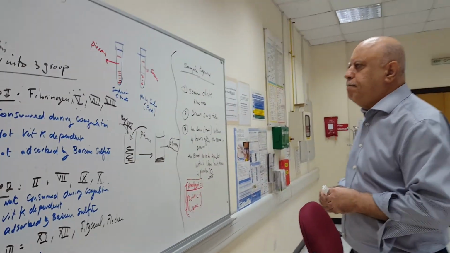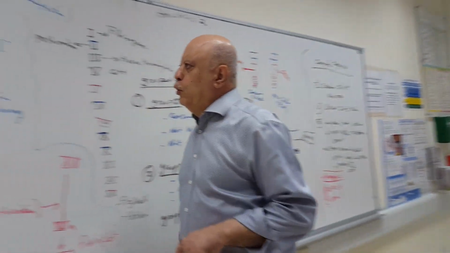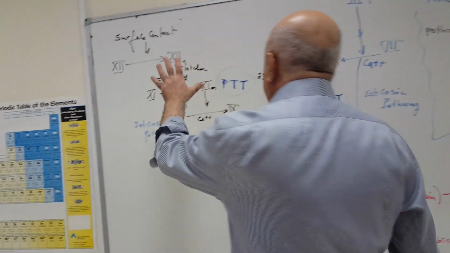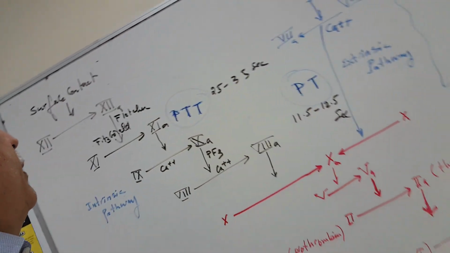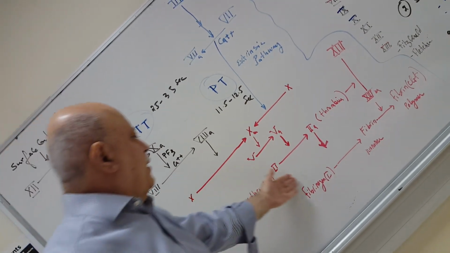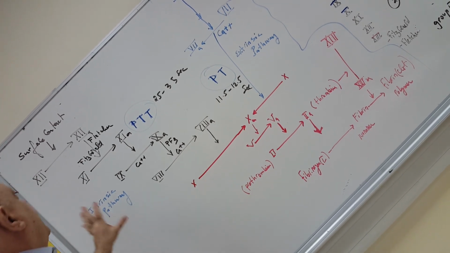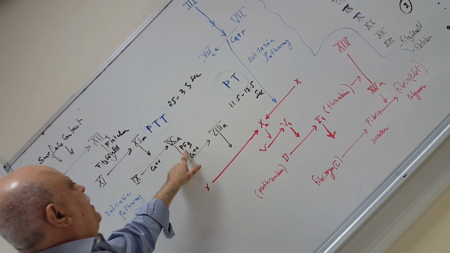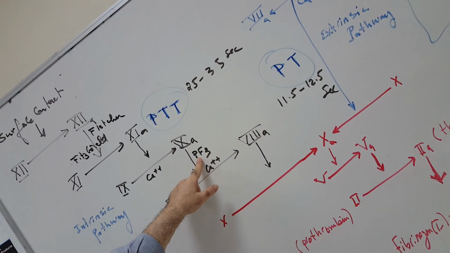Today, as we said, we are going to do the PTT. PTT, everything is there in the plasma. We're going to take sodium citrate plasma, except PF3, because this is not a clotting factor. This is not a protein.